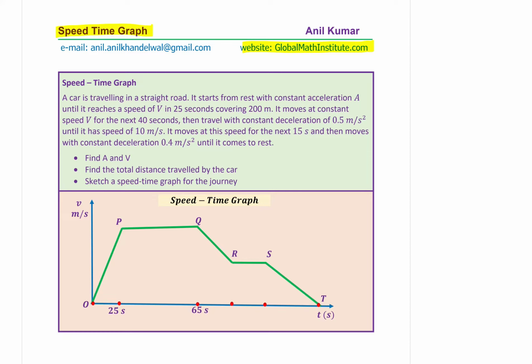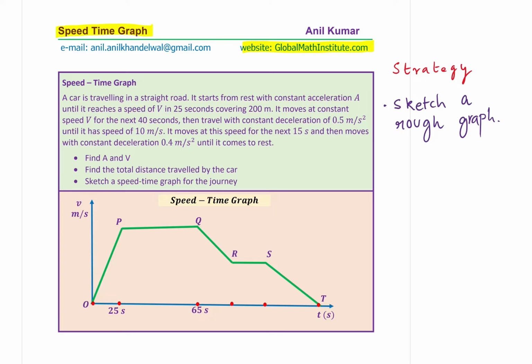Now let us see what our strategy should be to solve such a question. The very first step should always be to sketch a rough graph. So we'll begin with that. Here you can see a rough graph describing the situation given to us.